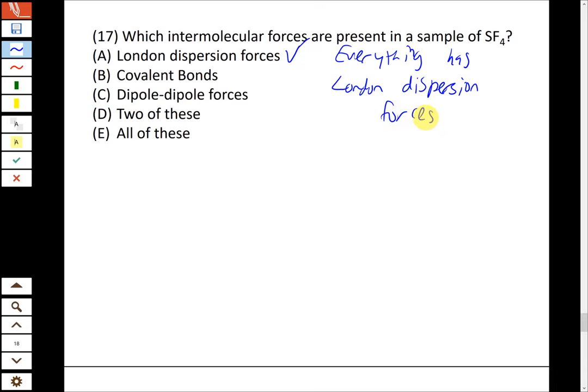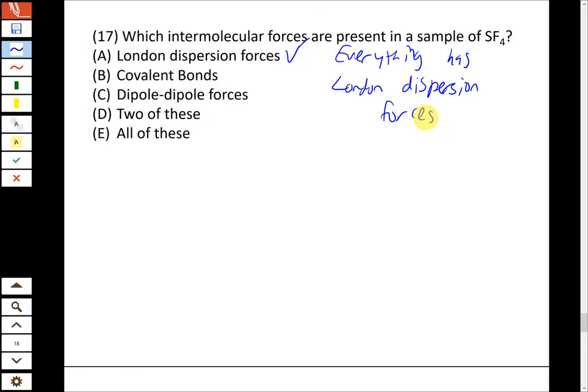Now it's also true, although it's not really relevant to this question, that London dispersion forces are the weakest intermolecular forces. So if you have other types of intermolecular forces in addition, they're going to typically be more important. The strongest forces are the ones that matter the most in terms of determining the properties. And so it is important to consider other types as well.